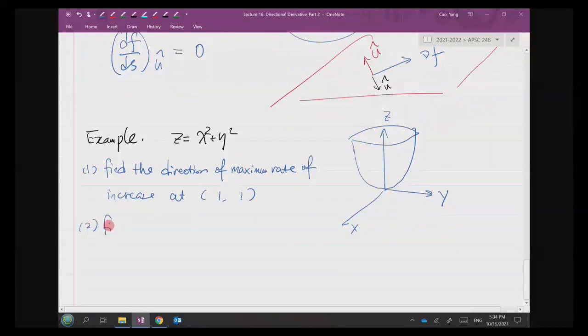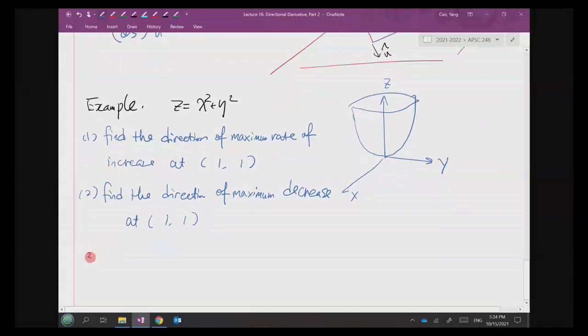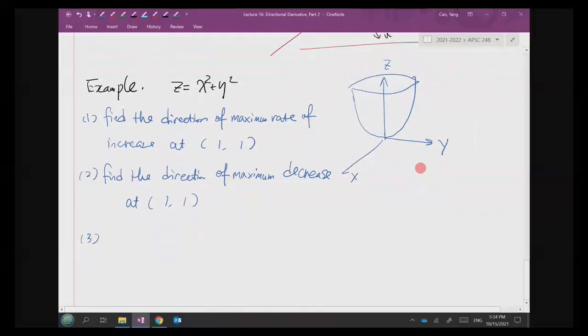And the second part is to find the direction of maximum decrease at the same location. Okay, third question.